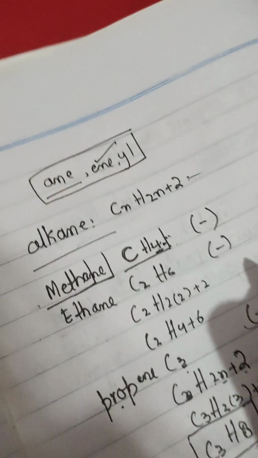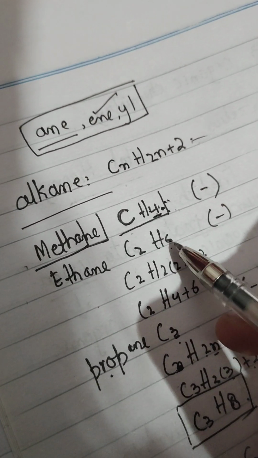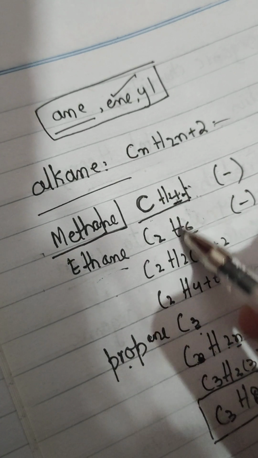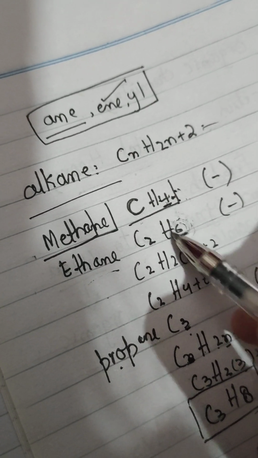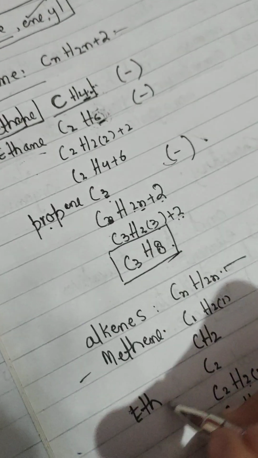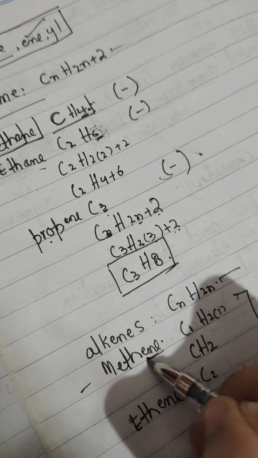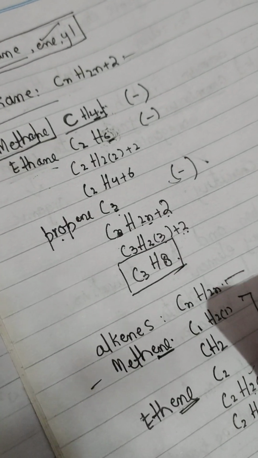So you can see, as I told you, if we reduce the hydrogens of ethane from 6, we remove 2 hydrogens, so we get ethene. And these bonds, like ethene bonds, are known as double bonds.